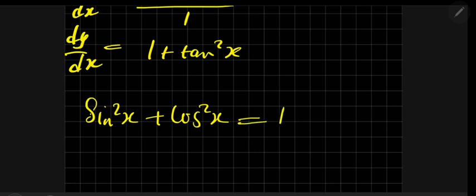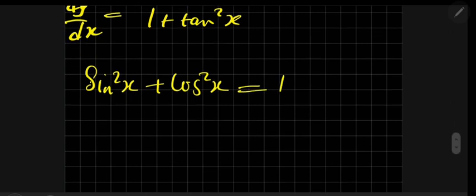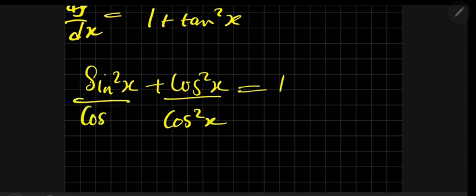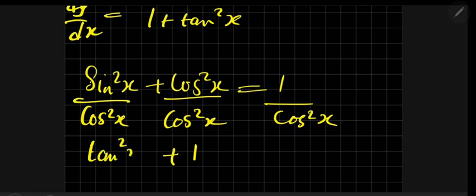So now if we divide the entire expression by cosine squared of x, this will be 1 plus, and you know that sine squared x divided by cos squared x is equal to tan squared x, and 1 over cos squared x is the same as sec squared x.